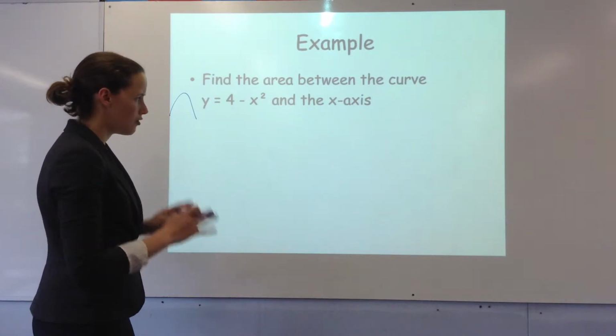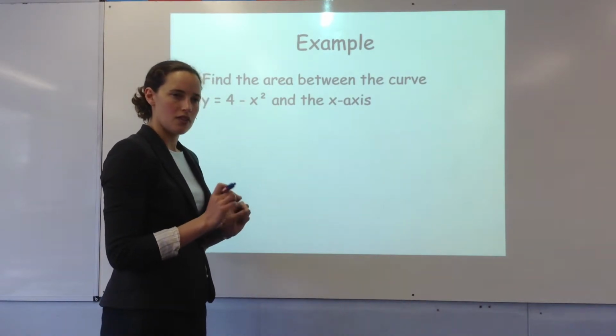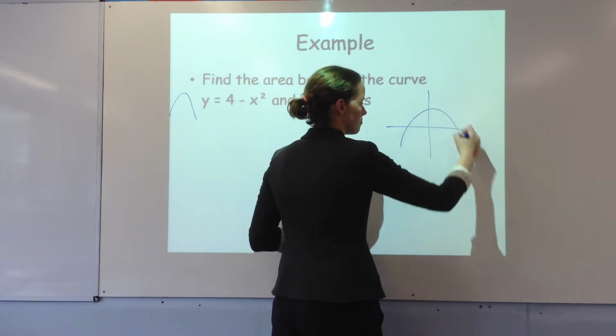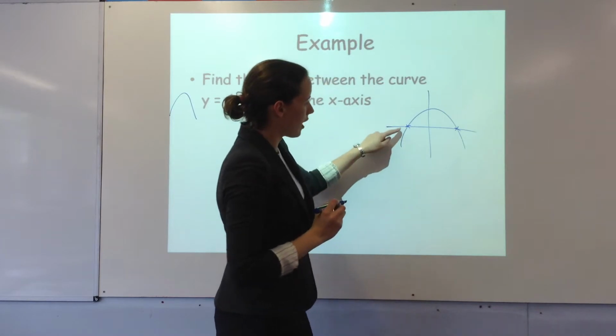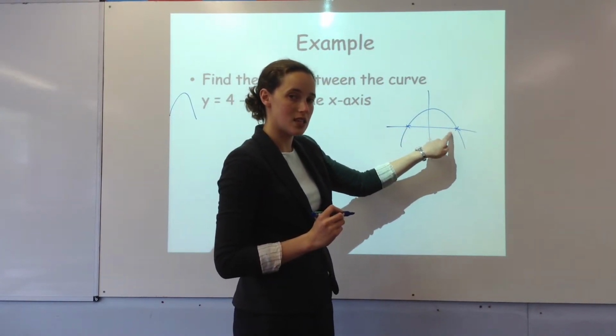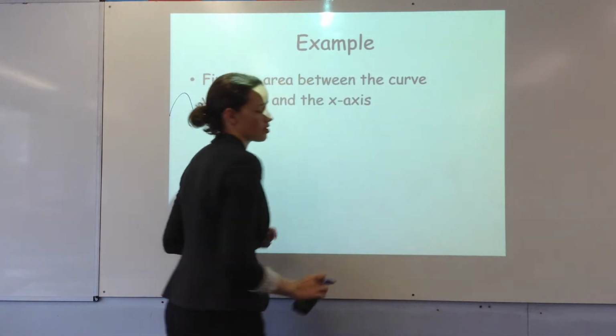Now, if we're finding out where it crosses the x-axis, that is where, I'll just draw a random graph here, it's where we've got x coordinates but the y coordinate is equal to 0. So, get rid of our random graph so we don't confuse ourselves.